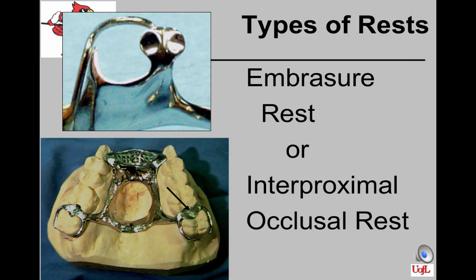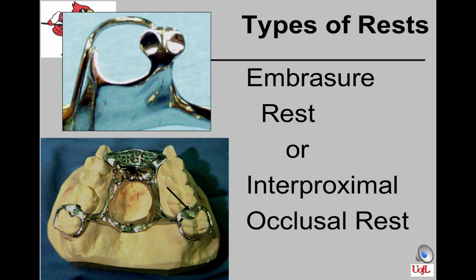Another type of rest is an embrasure rest or interproximal occlusal rest. It's used when we bring an arm or two through the embrasure of two adjacent teeth. Whenever we come through two adjacent teeth with a direct retainer or a reciprocal component, we must place a double rest to avoid the feeling of wedging that the patient would get if we have just a single rest. It's much like if you place a toothpick between your two teeth and get it caught and wedged there.